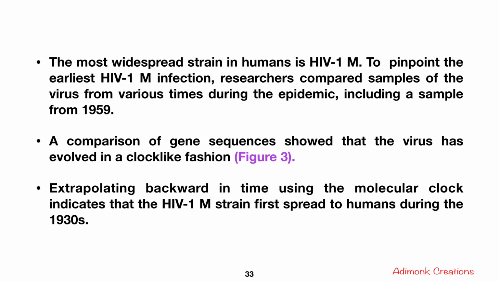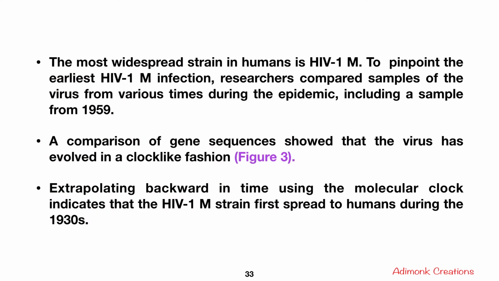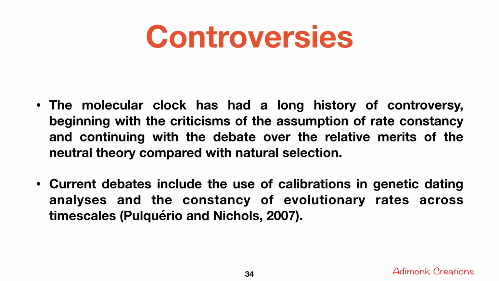A comparison of gene sequences showed that the virus has evolved in a clock-like fashion. Extrapolating backward in time using the molecular clock indicates that the HIV-1M strain first spread to humans during the 1930s.